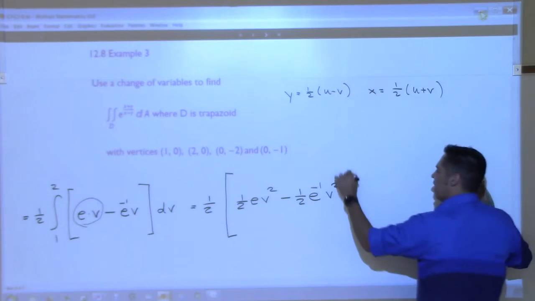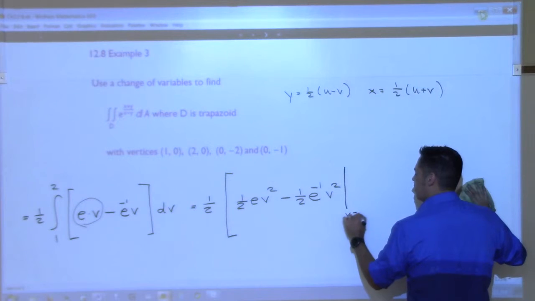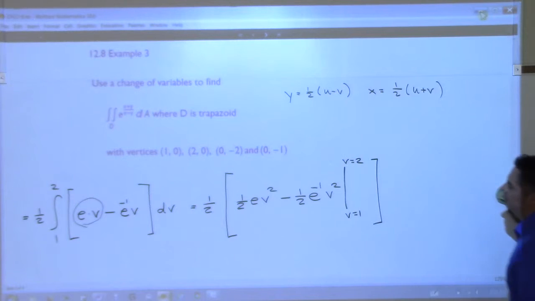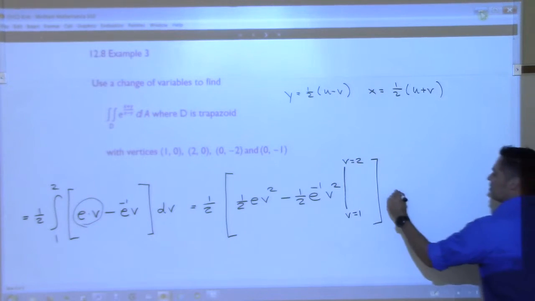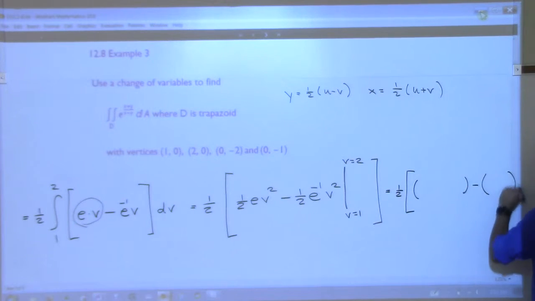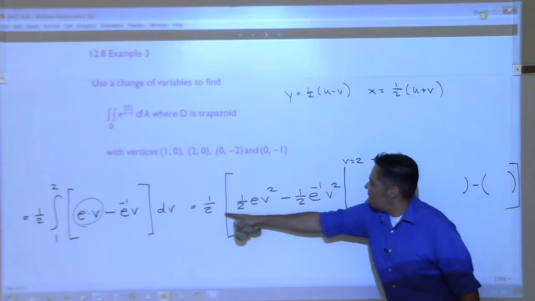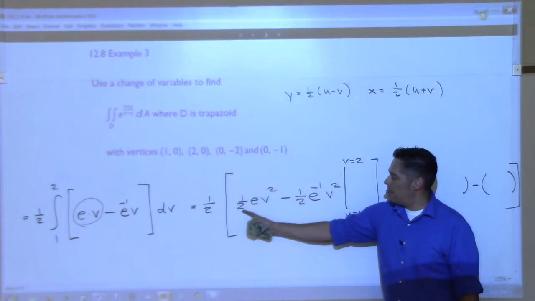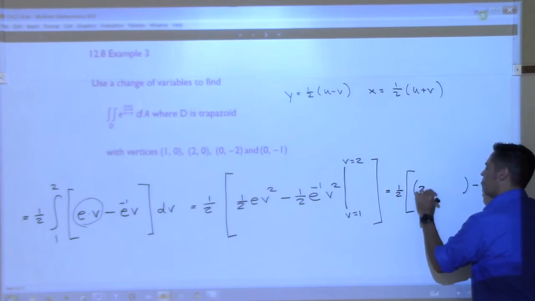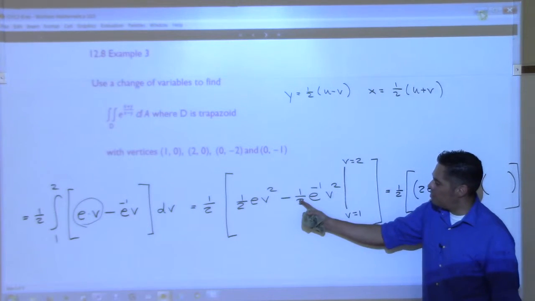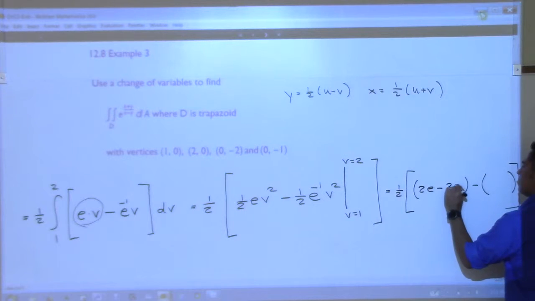And we're evaluating that from v equals 1 to v equals 2. Running out of room here. So the 1/2 on the very outside of everything. Now let's plug 2 in for v. 2 squared is 4. Half of that, 2. So 2e minus 4 again. Half of that, 2, minus 2e to the -1.